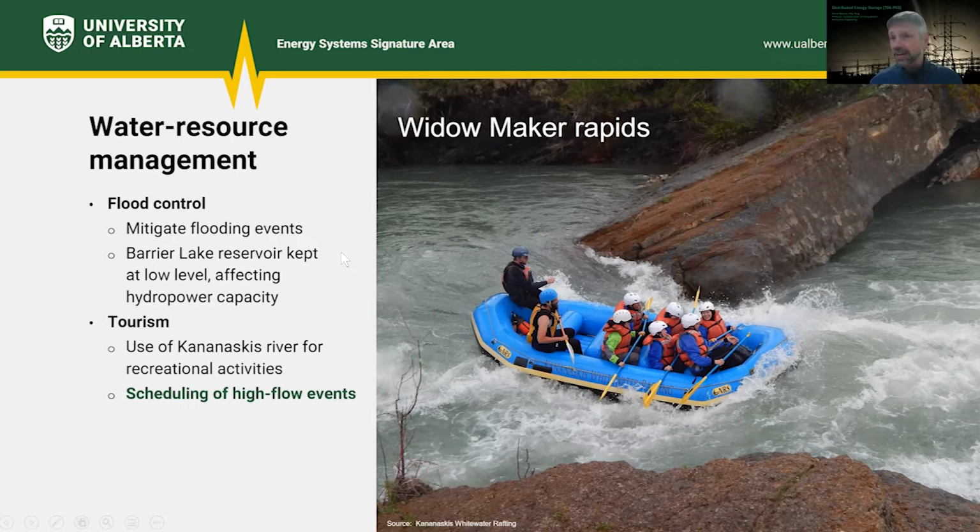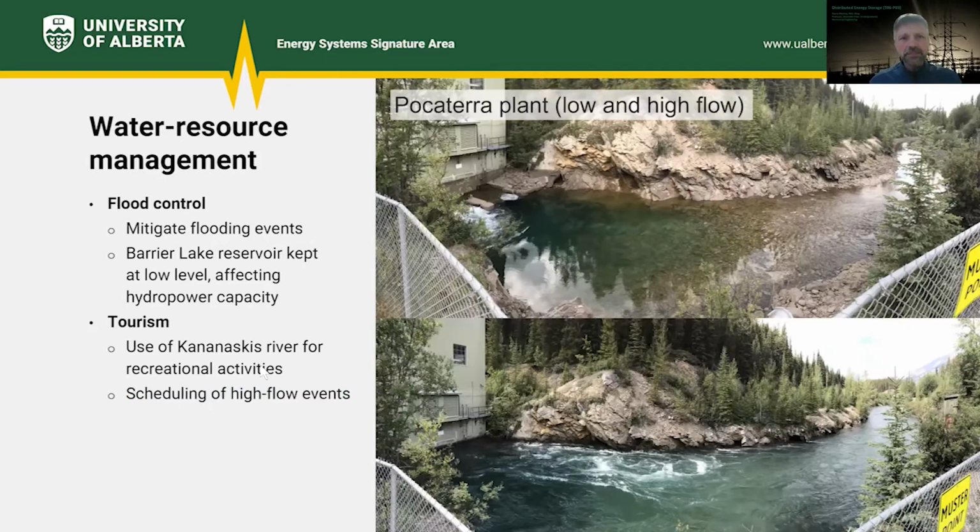There's even an app for that. You can look this up on the TransAlta website, when the high flow events will be, so that you as an operator of these can plan your tours. And here's the Pocaterra plant that regulates the flow in this part of the river. You see that's the low flow event. The water is really just hiking boot deep at this point and just a trickle.